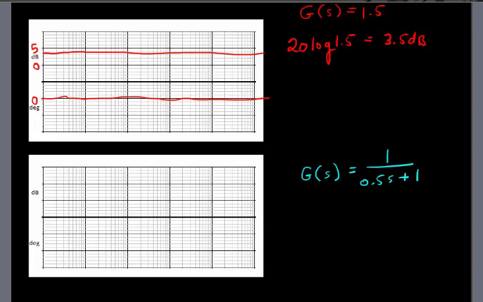And for this, the tau is equal to 0.5. When we're plotting it, we want to look at the omega that is equal to 1 over tau, and that would be 2. So I'm going to pick my omega frequency points here.